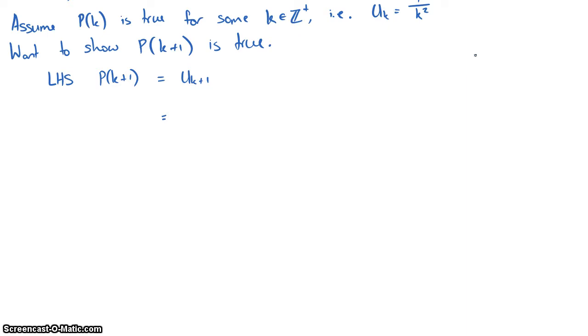Fortunately, since I'm dealing with the recurrence relation, I can use the definition of the recurrence relation to say uk plus 1 is uk minus (2k plus 1) over k squared (k plus 1) squared, and this is by definition of the recurrence relation.